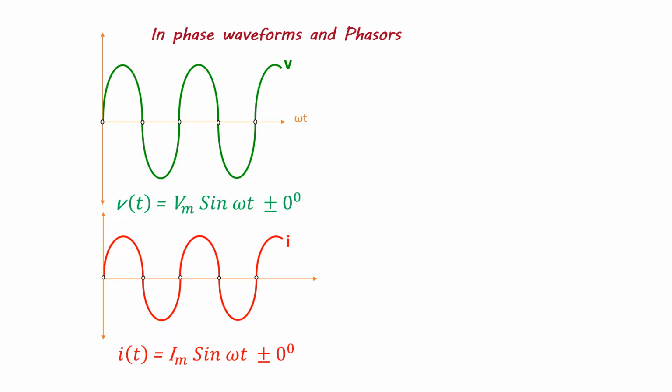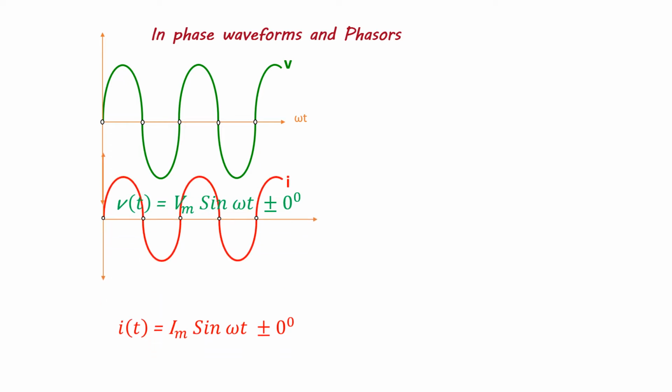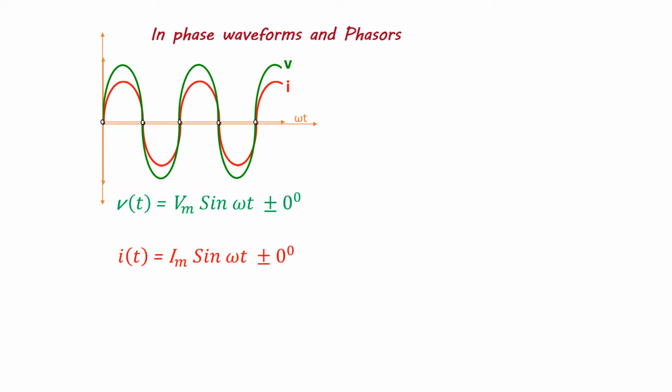Let's put both the waveforms in one figure. You can see now the voltage and current both are passing through the origin with a starting value of 0. The values of both V and I are increasing positively.